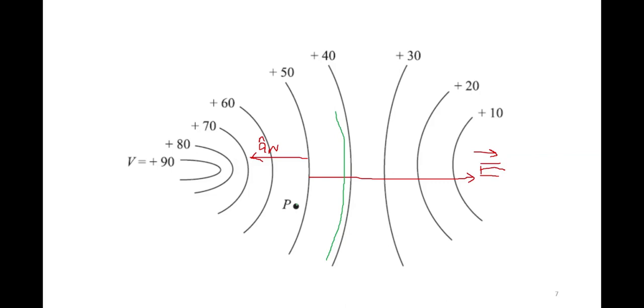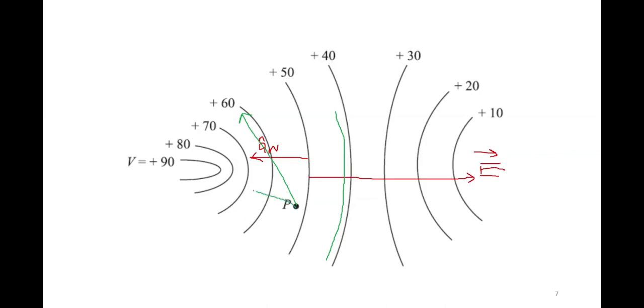For example, I follow this path. Along this path, the variation in potential is a little bit larger, and the electric field is in the opposite direction to this variation.